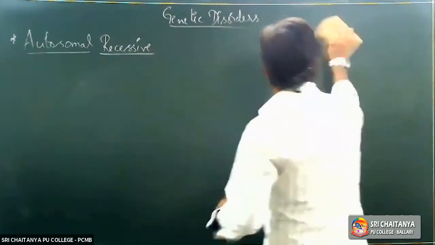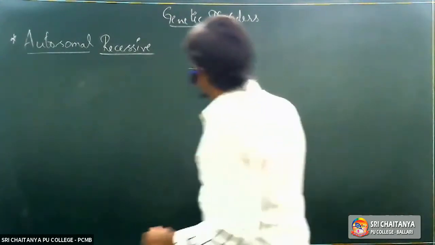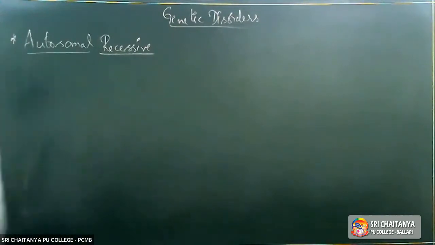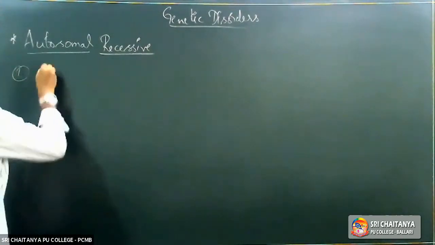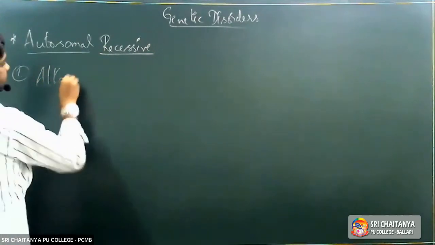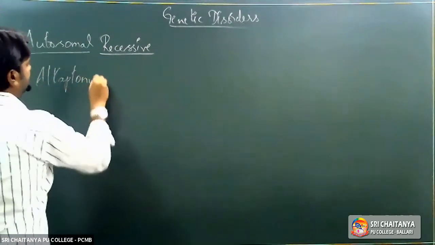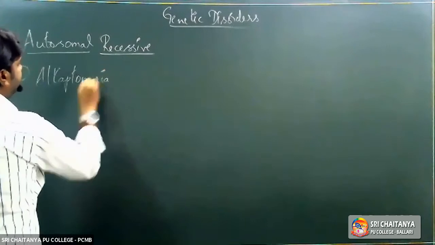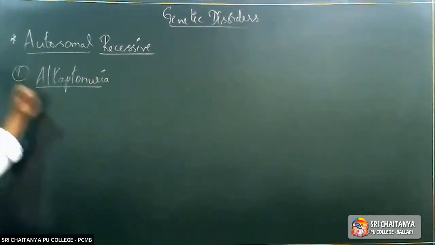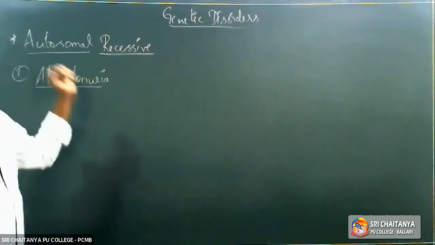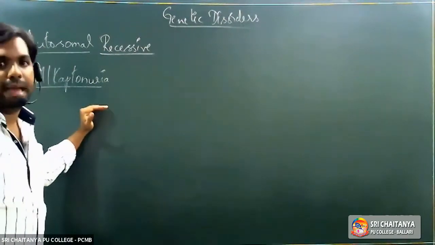Under autosomal recessive disorders, the first disorder we'll be taking up is one we have already discussed in the previous session. The first one is called Alkaptonuria. I thought we'll just go through it once again. Alkaptonuria is actually the first metabolic disorder that was identified by Sir Archibald Garrod.